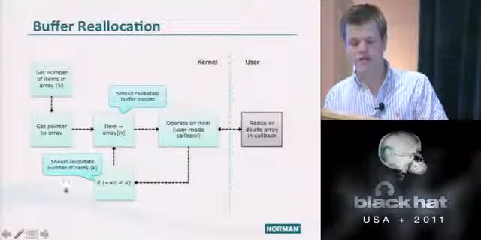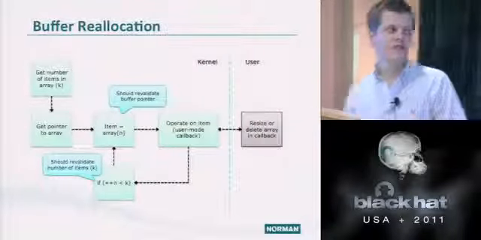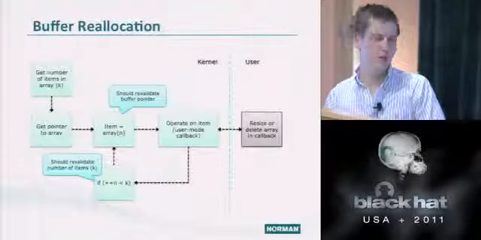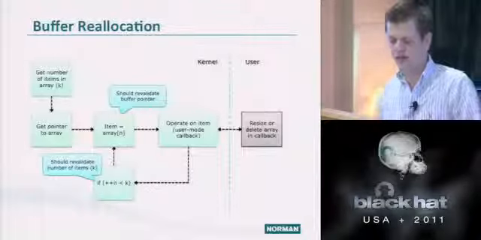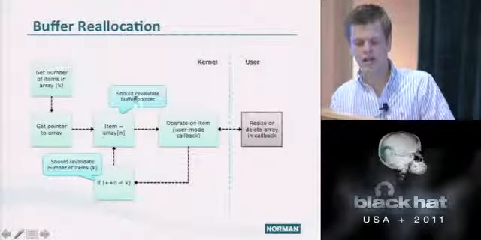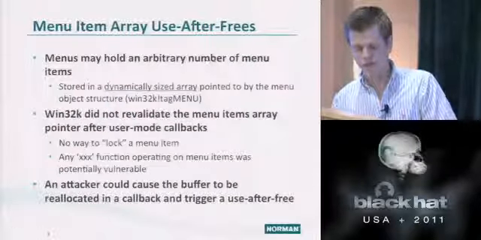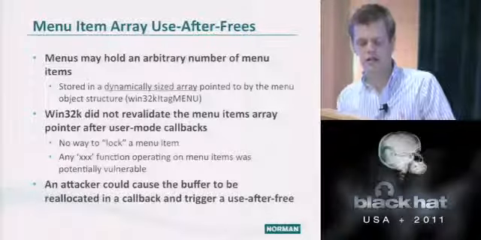And then when you return, you usually check if there are more items. And if you don't revalidate the total number of items in the array, you can be screwed as well. So the lack of these checks could easily end up in vulnerabilities. There were a lot of them in menu item handling.